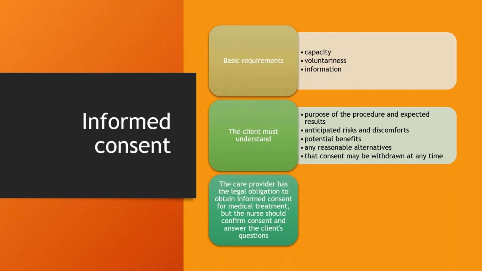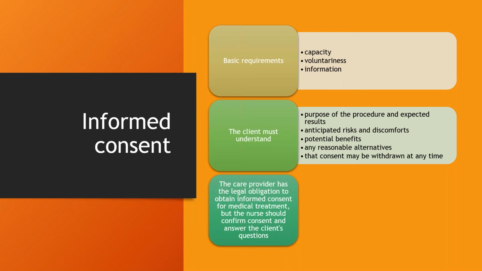So, basic requirements. The patient must have the capacity. Capacity means the cognitive ability to understand what's on the informed consent. And it must be voluntary, meaning that a patient should not be forced into the surgery: you're going to die if you don't get it done, you're going to lose this if this doesn't happen.